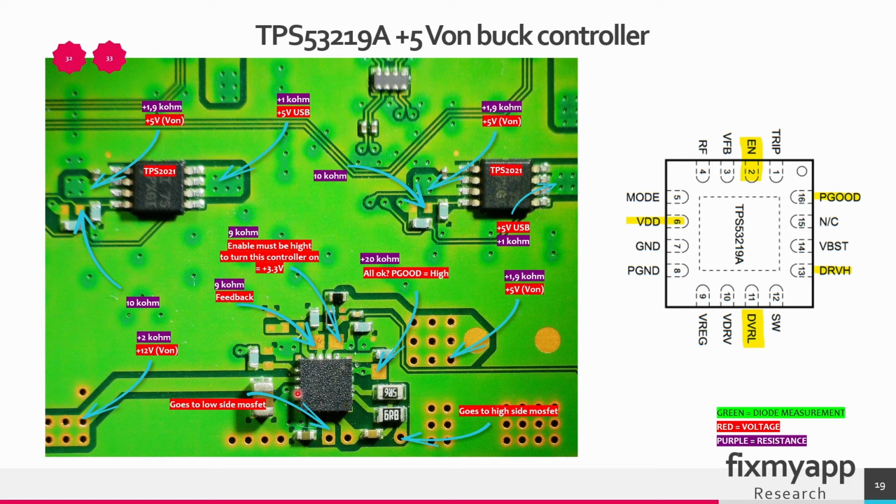So it's a small multi-pin integrated circuit. One of those connections is a feedback pin, a compensation pin, and some power management pins. So this is the feedback pin. As you can see, the feedback pin is connected to a series of resistors. This is called a voltage divider. And this voltage divider is connected to the output that this buck controller is creating.